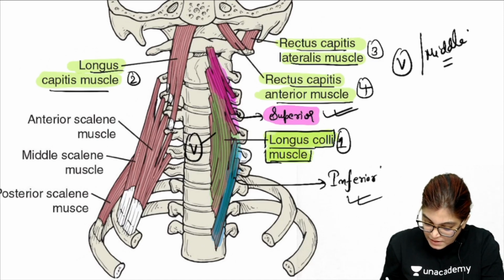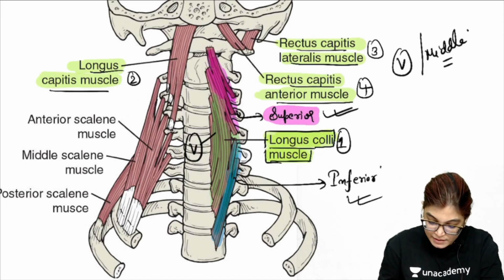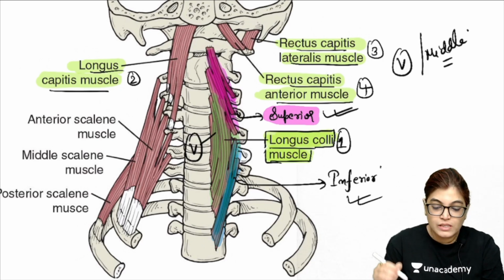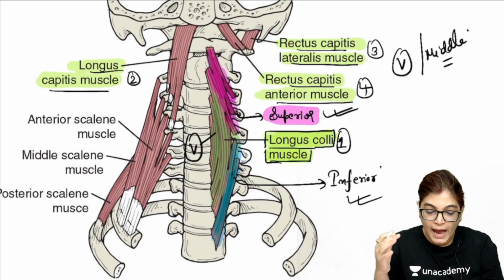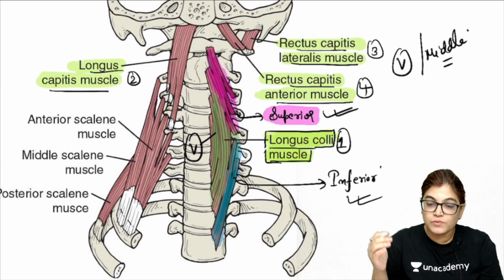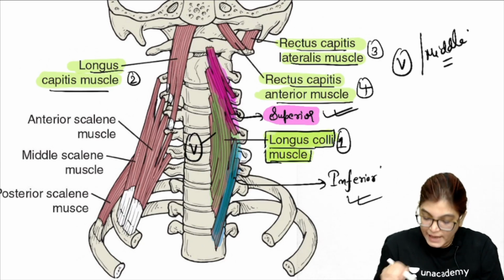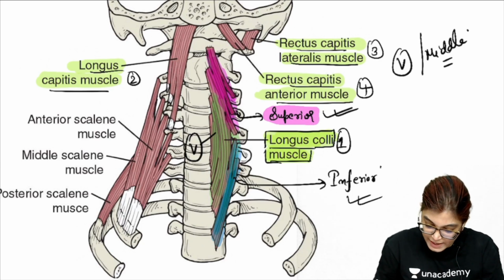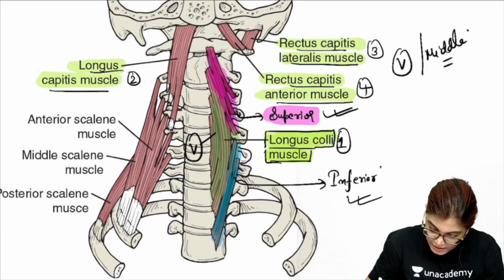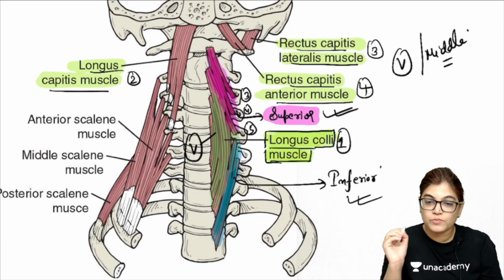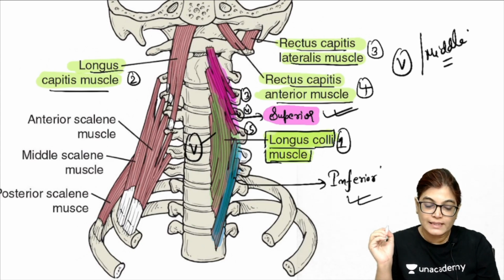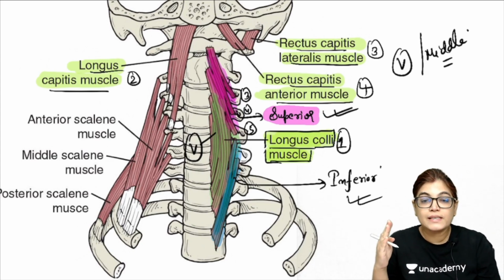Now if I talk about the superior part of Longus coli muscle, which is highlighted in the pink color, this superior part arises from the anterior tubercle of the transverse process of C3, C4 and C5, and it passes upward.